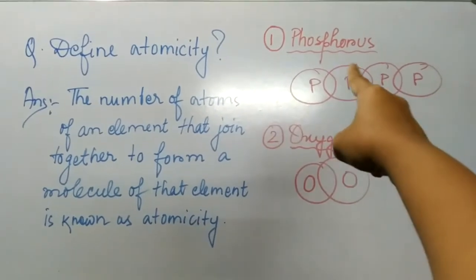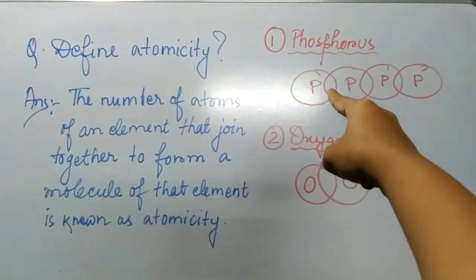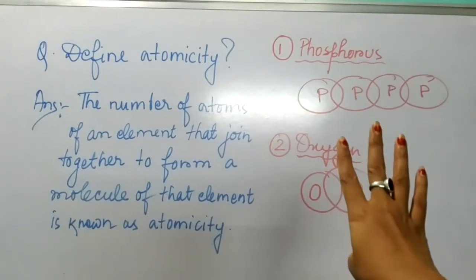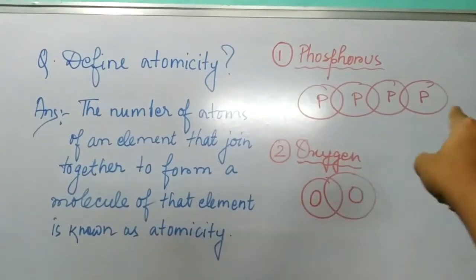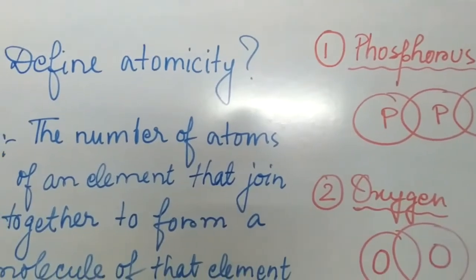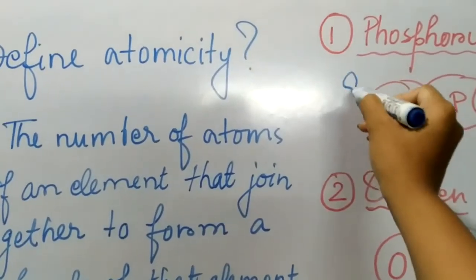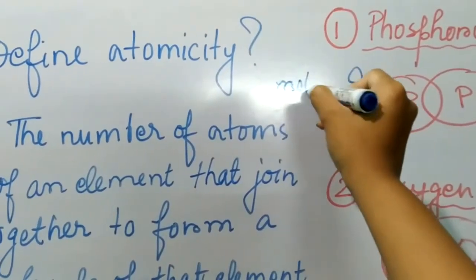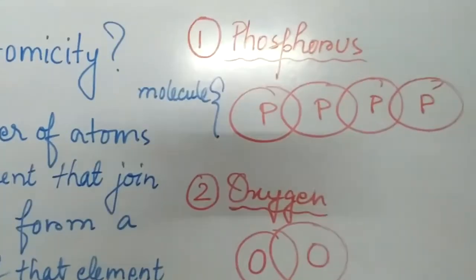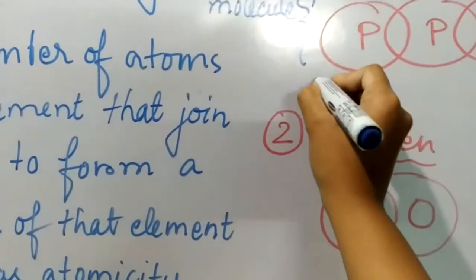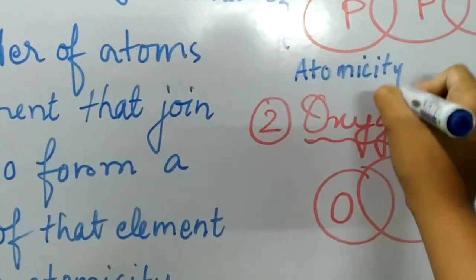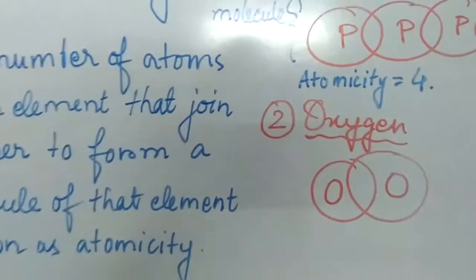Now, in phosphorus, which has the symbol P, you can see a total of 4 atoms are joined together to form a single molecule of phosphorus. Now, this is the molecule which forms phosphorus. So here the atomicity, in case of phosphorus, will be 4.